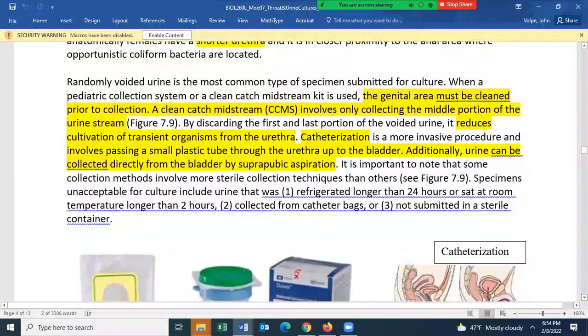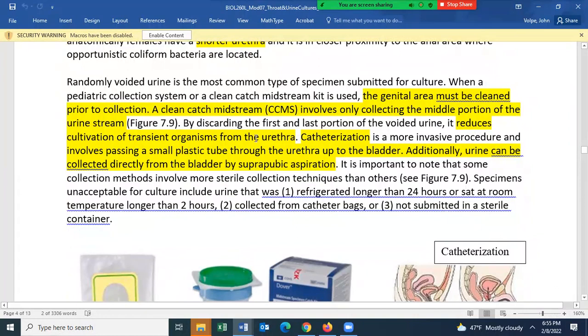To collect a urine specimen, you have to clean the genital area prior to collection. And then when you're collecting the urine, you don't use the start of the urine or the end of the urine. You catch the, quote, clean midstream of the urine, the middle portion.